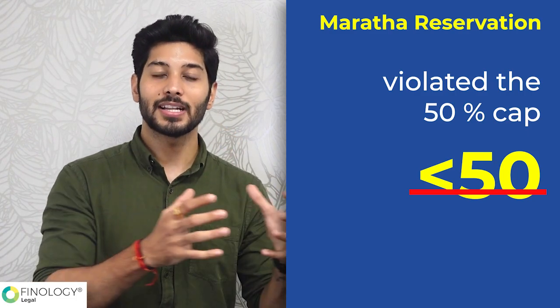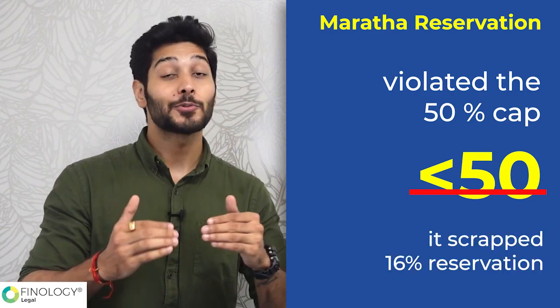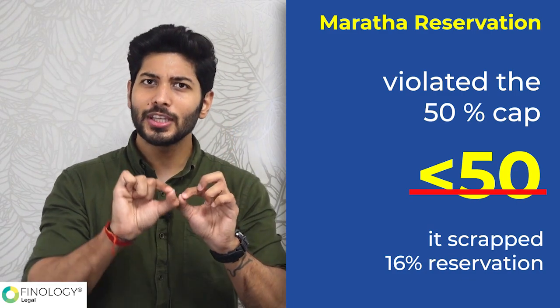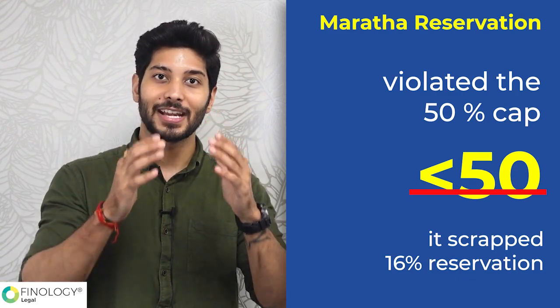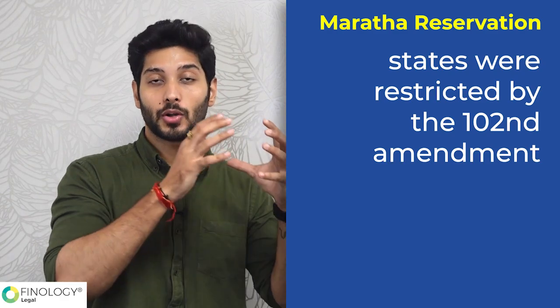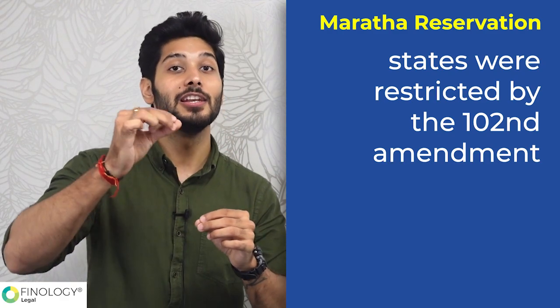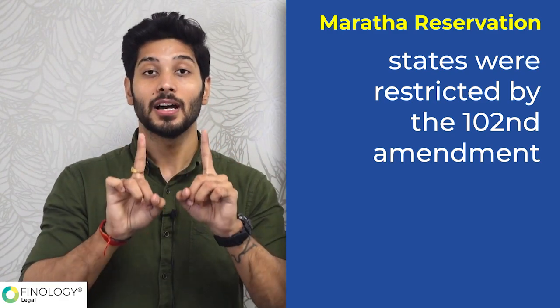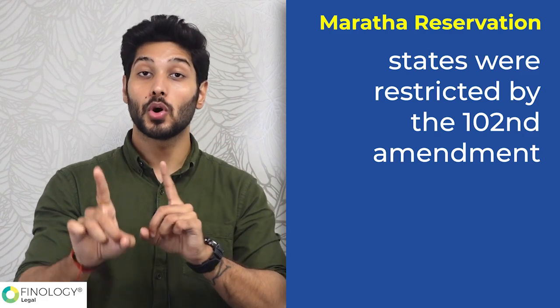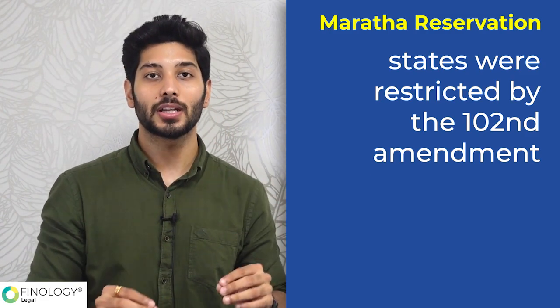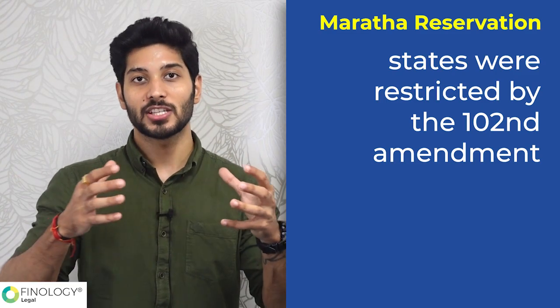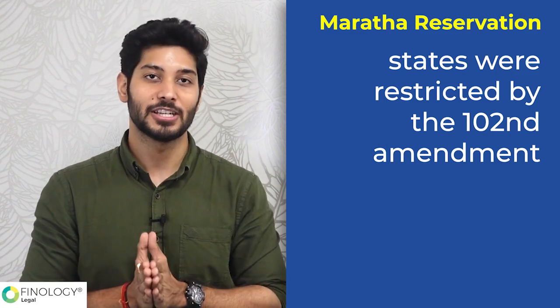Subsequently, it scrapped the quota provided by the Maharashtra government to the Maratha community, and said that the center only had the power to prepare the list of the OBC, and because the 102nd Amendment was in place, the states were not given the power to make such a list and provide for reservation.